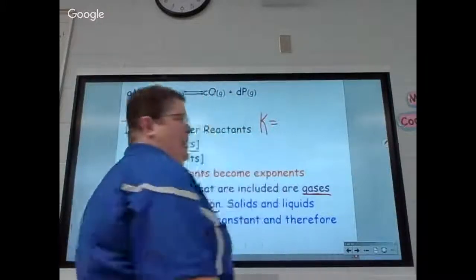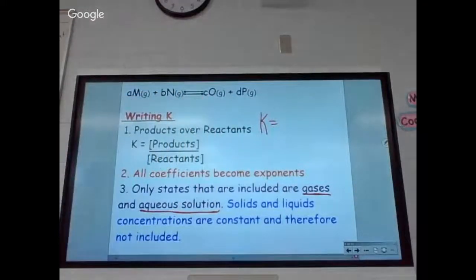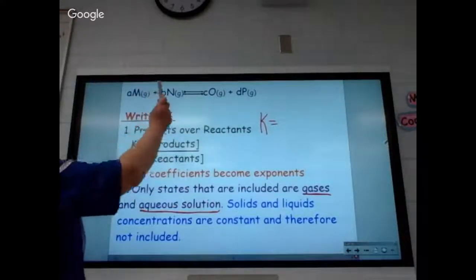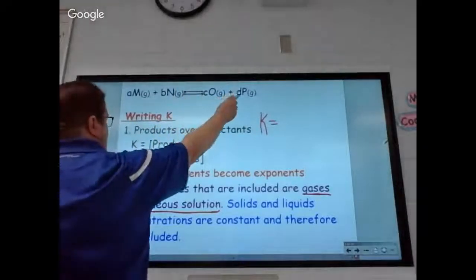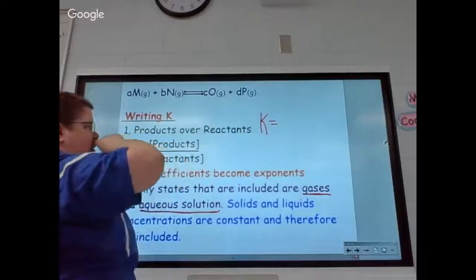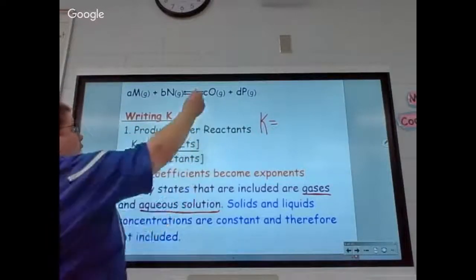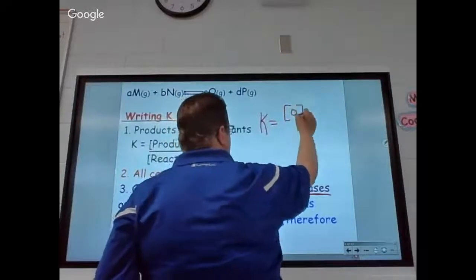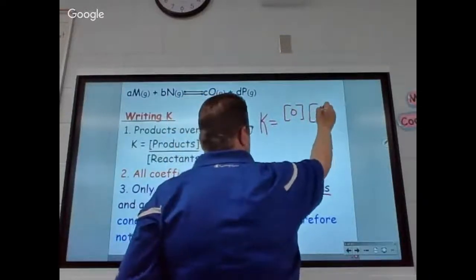You always write the K equals in a K expression. What are my products? CO and DP. First of all, the C and the D are the coefficients. So what are the actual elements or compounds? O and P. So O in brackets and P in brackets.